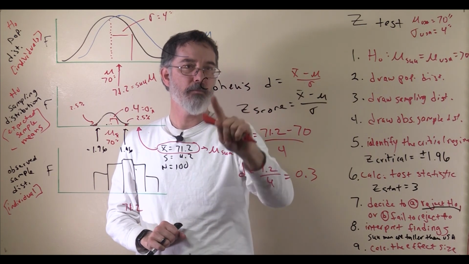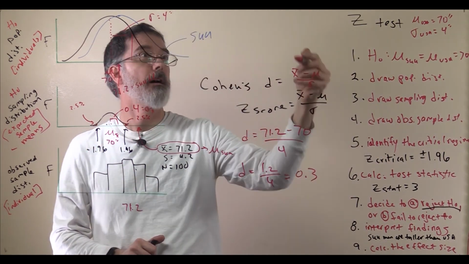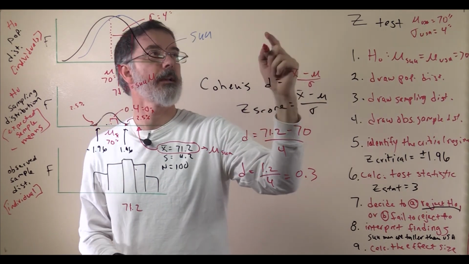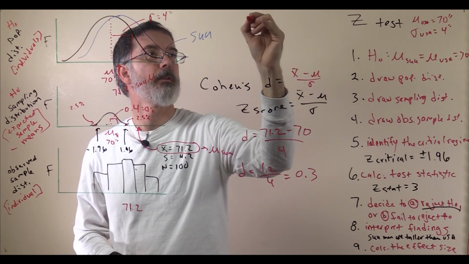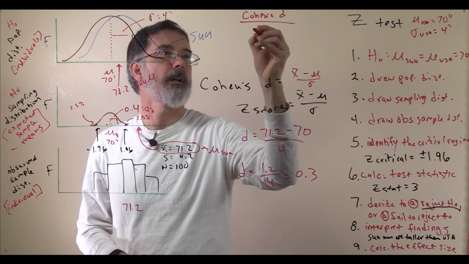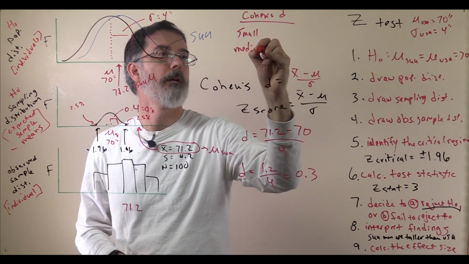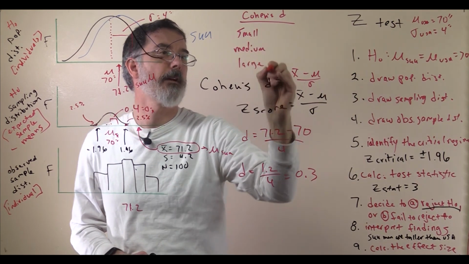Cohen also provided some guidance for how to interpret these effect sizes. I'll talk more about it later, but for now I'll just give you the overview. For Cohen's D, we're going to have small, medium, and large effect sizes.